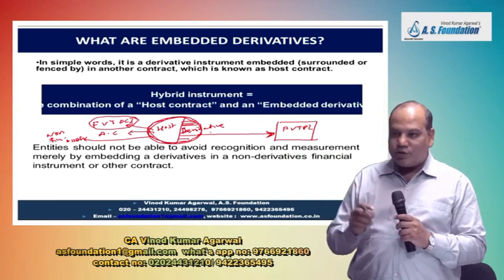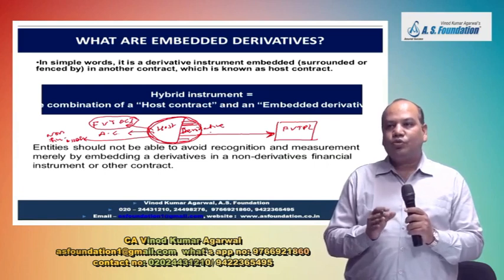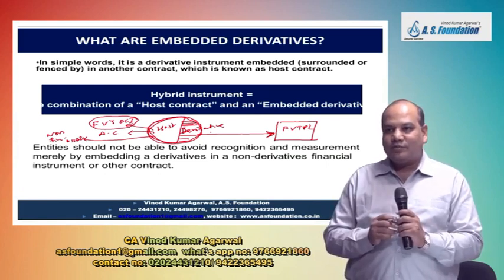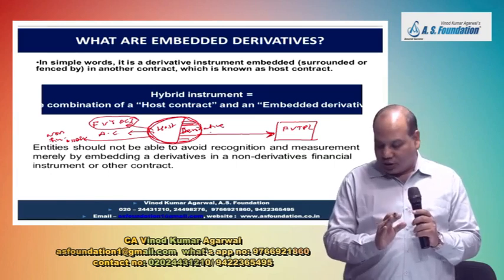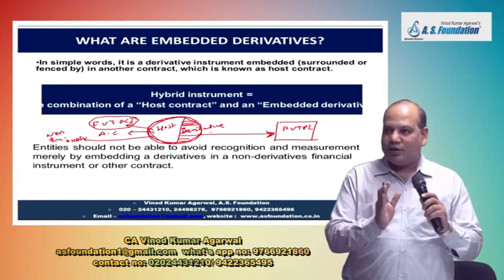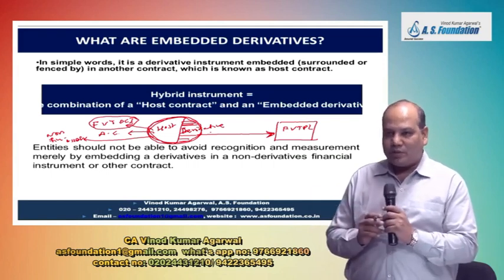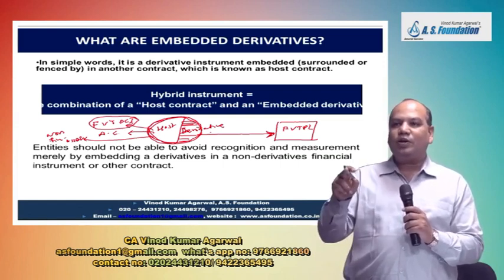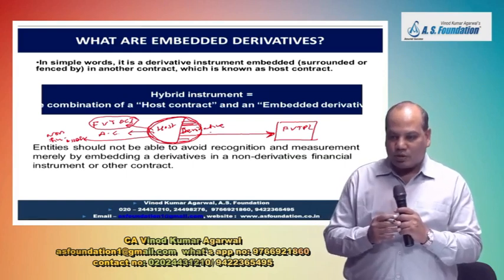In form it is one instrument, but in substance there are two, and these two may be subject to two different accounting models. So the standard says separate them and do the accounting of the host instrument depending upon its classification and its type of asset, and account for derivative as FVTPL. So you should not be able to avoid the FVTPL accounting for derivative by merging it with another host contract.